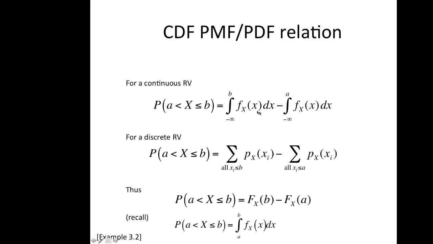Recalling that this value up here is actually the CDF, if we want the range, we can use the PDF in this case between a and b. So that's our definition of the CDF when we go from minus infinity to the value. It gives us the CDF up to that point. So we can find the probabilities either way: using the CDF or directly the PDF or PMF, as the case may be.